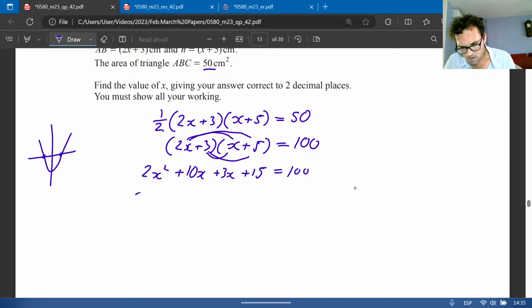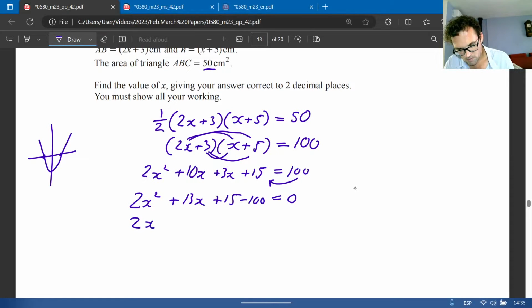So we got 2x squared, 10x plus 3x is 13x. And then we subtract the 100 there, so it means you've got 15 minus 100, which gives us 2x squared plus 13x minus 85 equals 0.